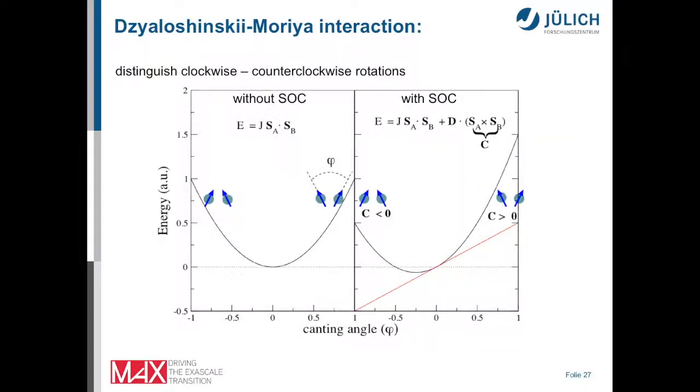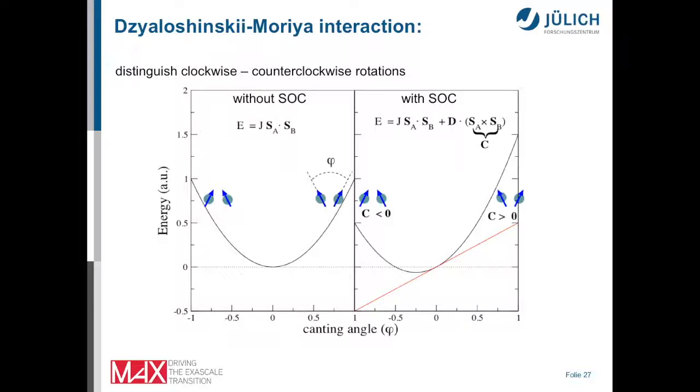For us, it's just important to remember that in the non-relativistic case, our exchange interactions between two spins are typically described by this parabolic dependence of the energy, so it doesn't matter whether the angle between the spins is plus phi or minus phi, you have the same energy.